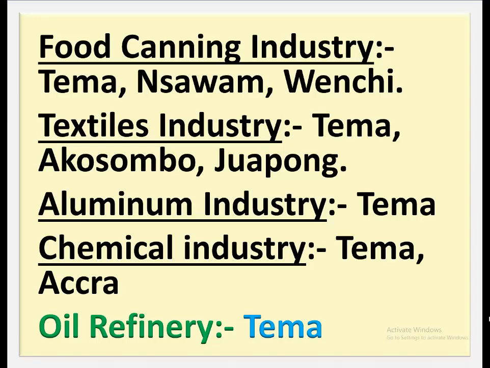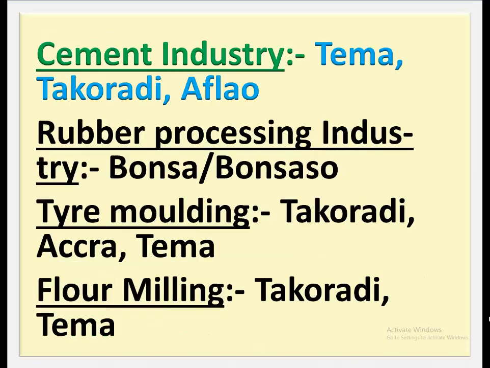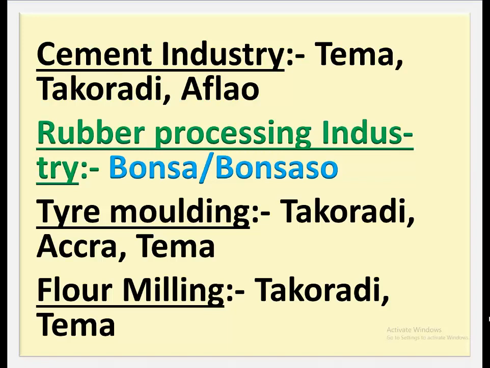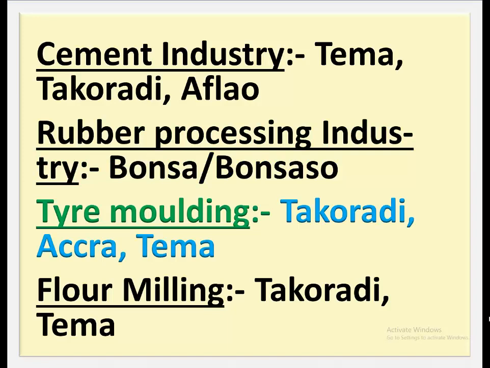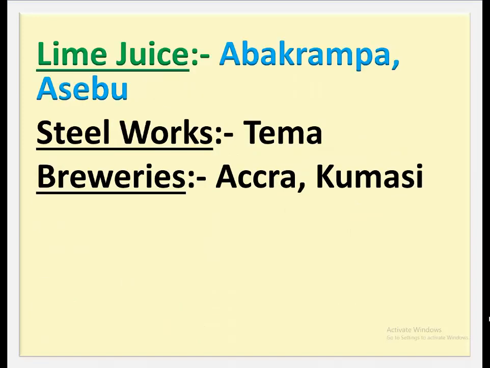Oil refinery: Tema. Cement industry: Tema, Takoradi, Aflao. Rubber processing industry: Bonsaso. Tire molding: Takoradi, Accra, Tema. Flour milling: Takoradi, Tema. Lime juice: Abakrampa, Asebu. Steelworks: Tema. Breweries: Accra, Kumasi.